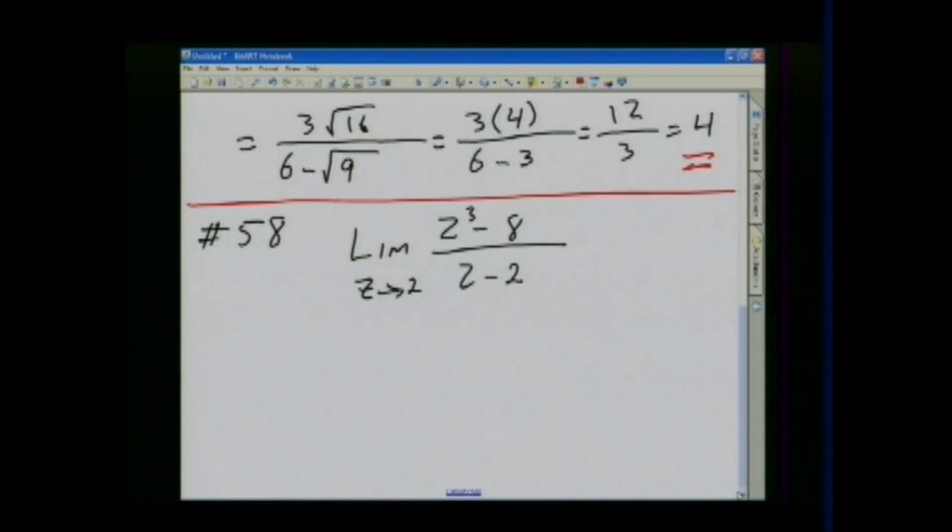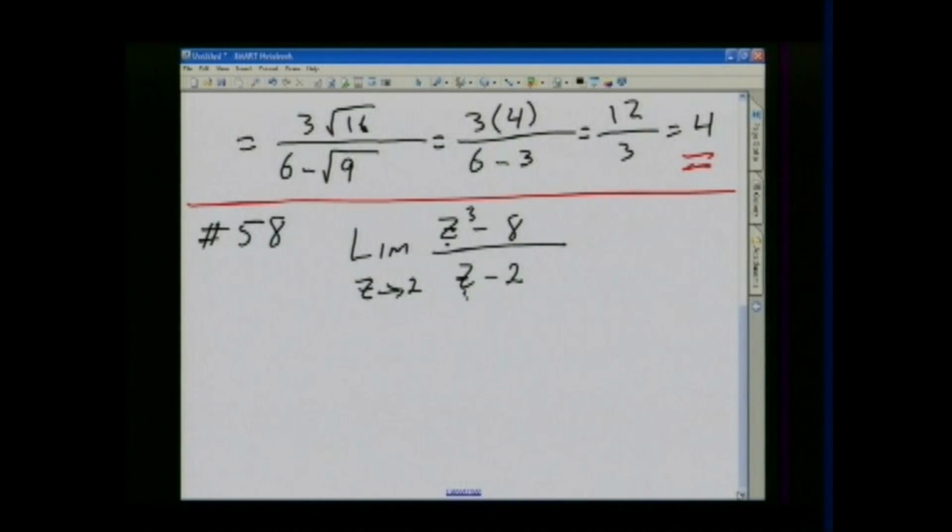One thing you would notice, if you just go ahead, like in the previous examples, and substitute 2 for z, you're going to have 0 in the denominator and 0 in the numerator. So you would have 0 divided by 0, which is basically undefined.